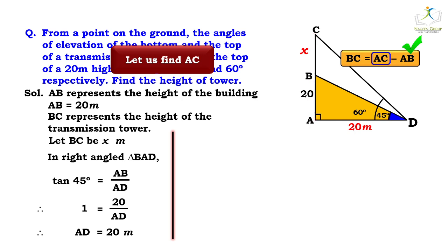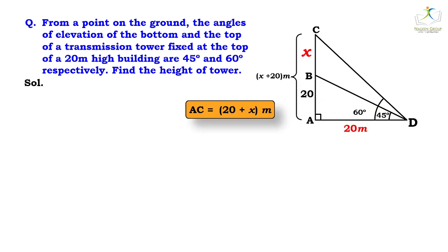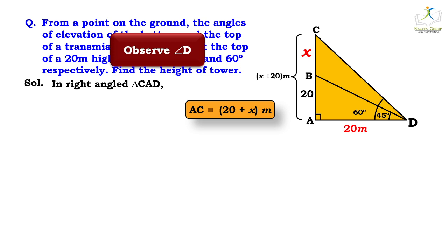Now total, that is 20 plus x, right? AC is equal to AB plus BC, it equals to 20 plus x. Now here let's take this complete triangle CAD. Observe angle D which is equal to 60 degree, complete angle, right?